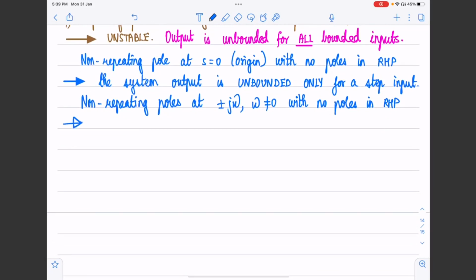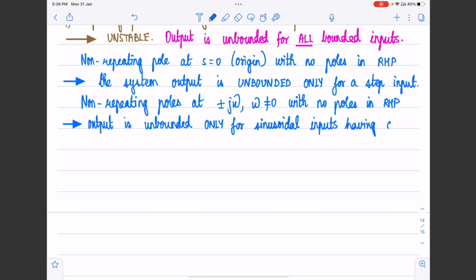In this particular case, the output is unbounded only for sinusoidal inputs like sine and cos, having an angular frequency of omega.